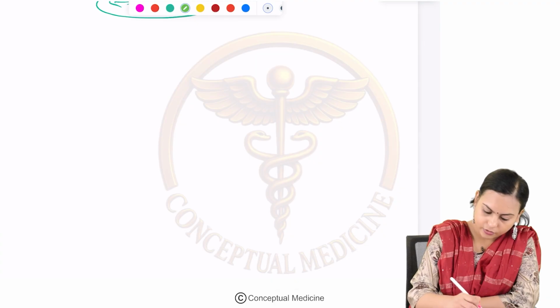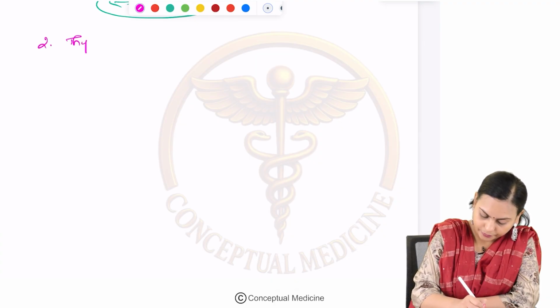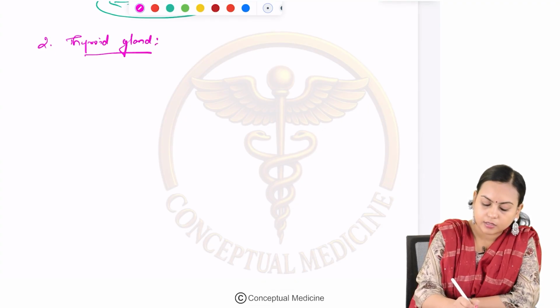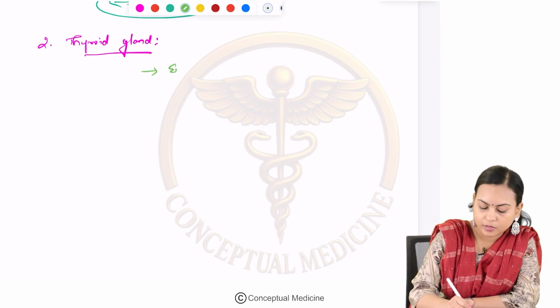Now we will see the next endocrine gland, thyroid gland. Thyroid gland also enlarges in pregnancy.